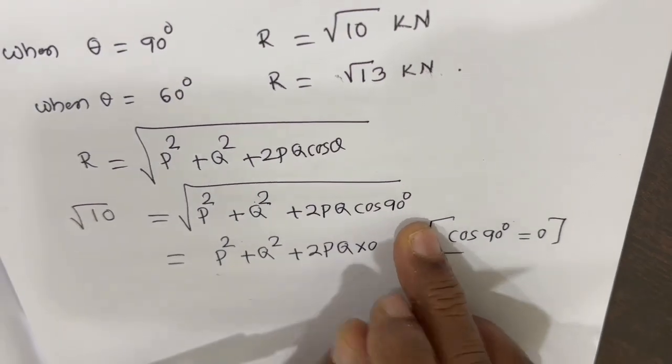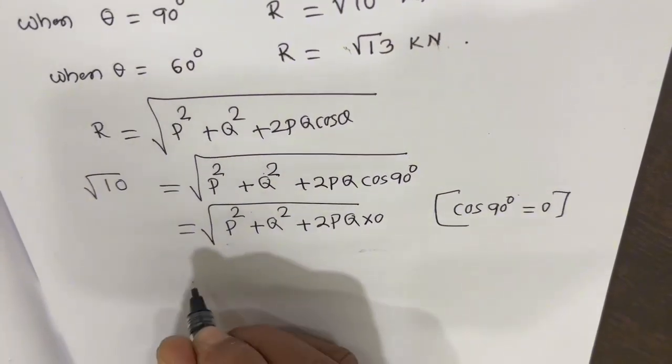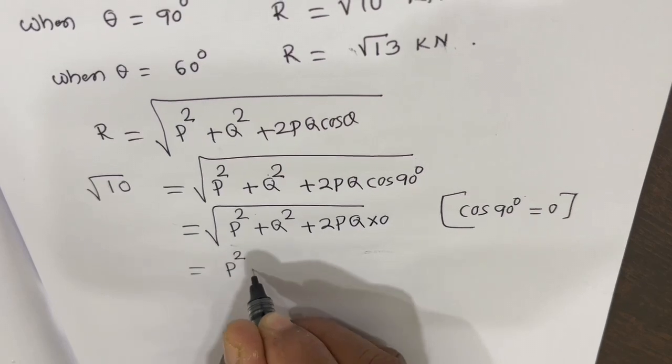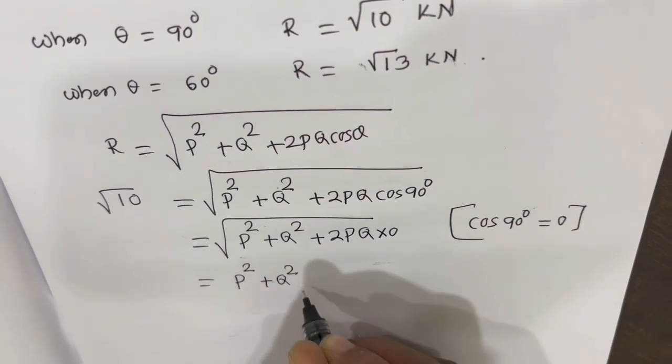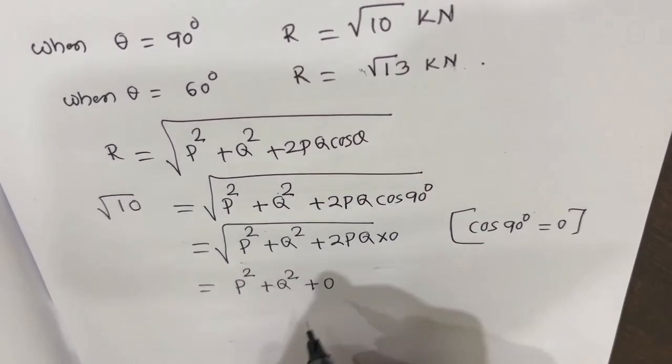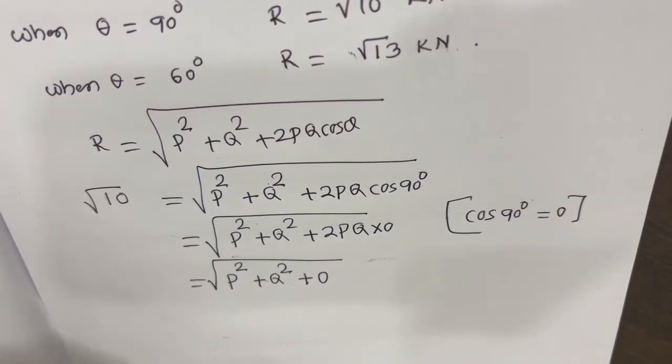Therefore, root 10 is equal to root over P square plus Q square.